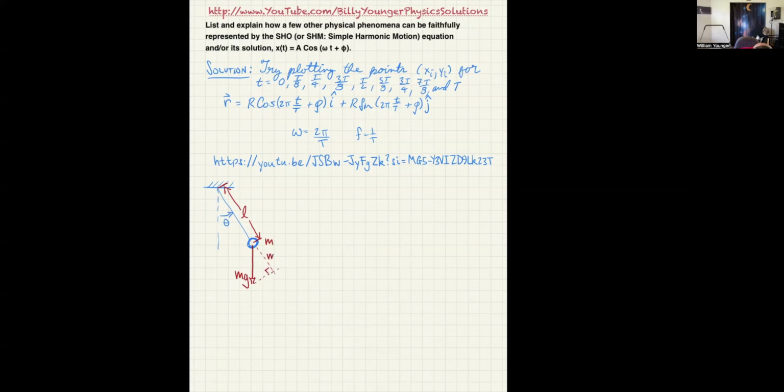The one parallel to the string, given this angle theta is the same angle as we saw up there, is going to be mg cosine theta, and the perpendicular one is going to be mg sine theta.